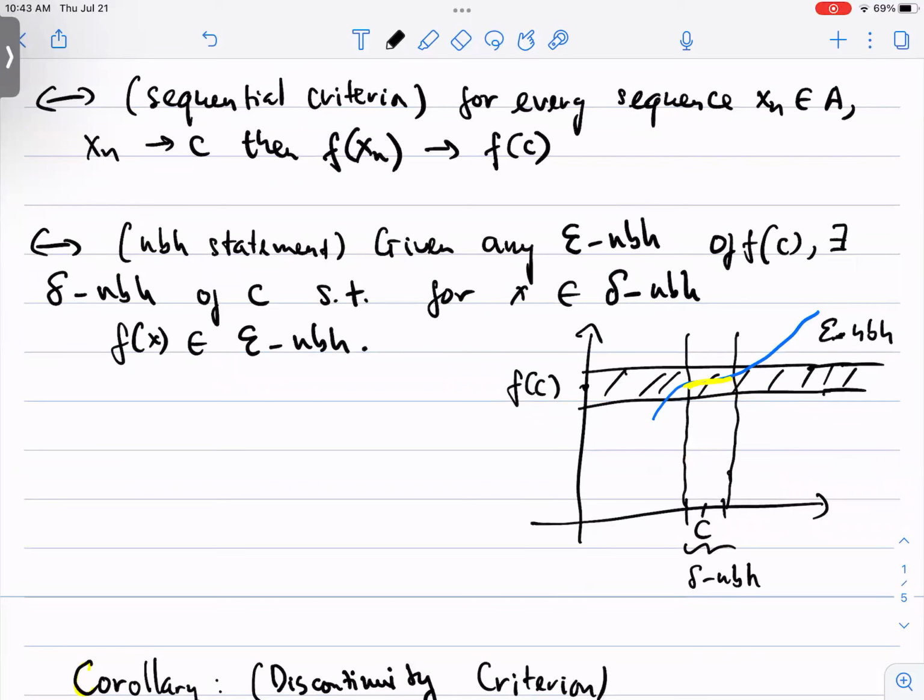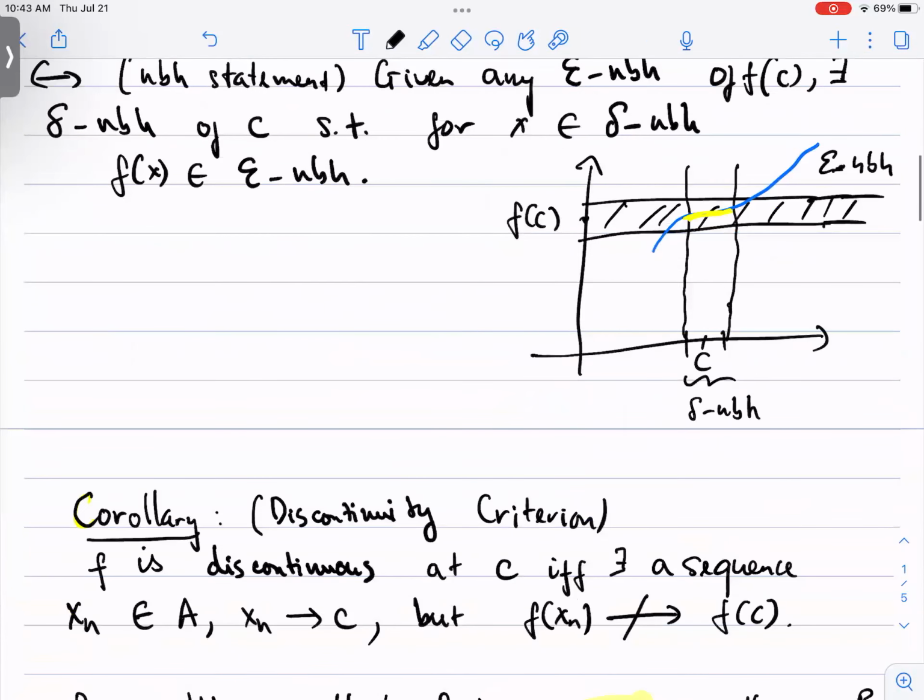Finally, we have a neighborhood statement. Given any epsilon neighborhood of f(c), there exists a delta neighborhood of c such that for x inside this delta neighborhood, f(x) must be inside the epsilon neighborhood. This diagram illustrates what's going on.